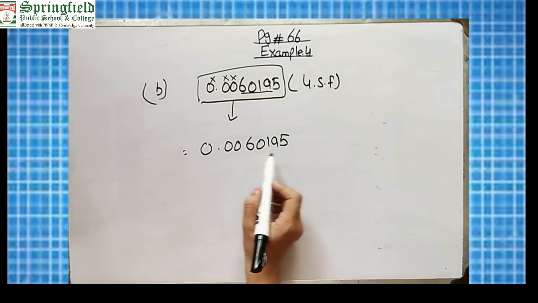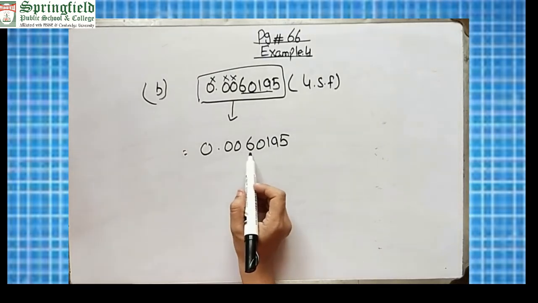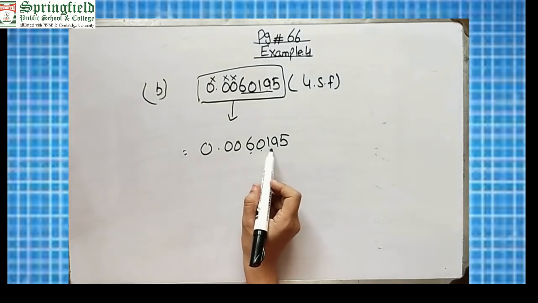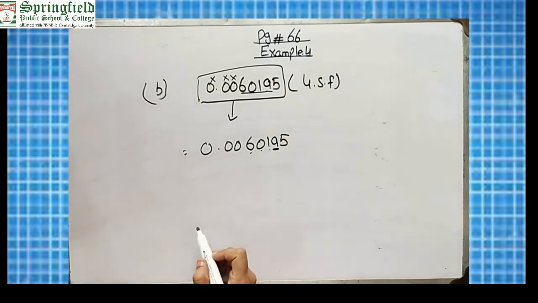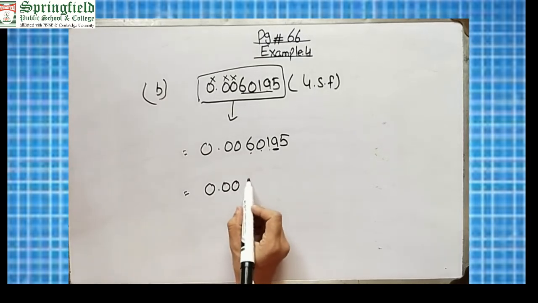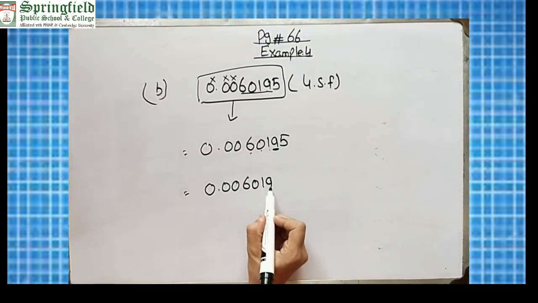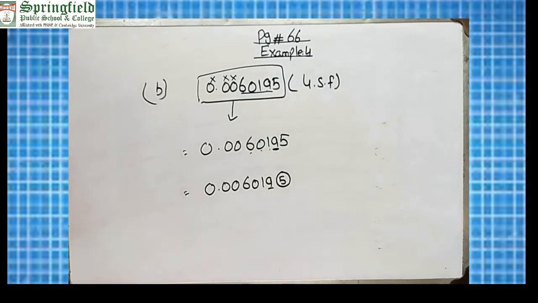Beta, now write this number again. We will start counting from the left side. It means we will start from the 6. So 6, 1, 2, 3 and 4. So underline this digit, and then in the next step circle the next digit after the underlined digit.